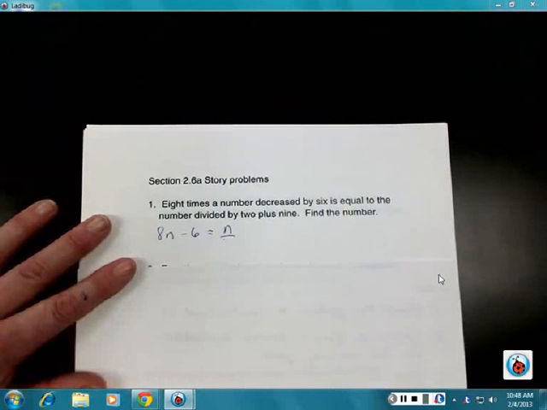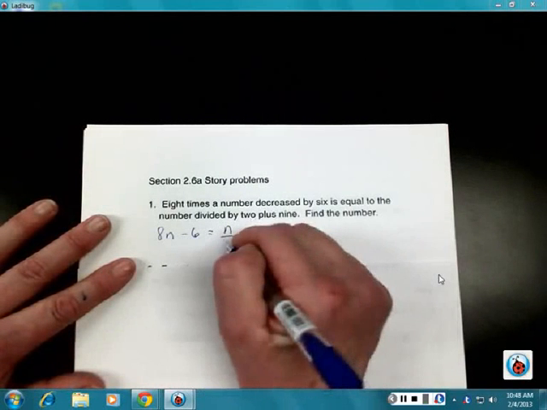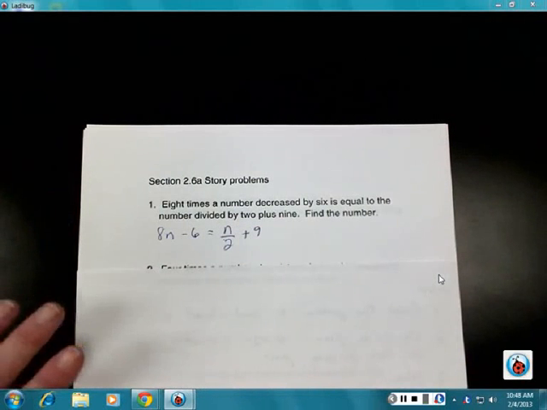Actually, I didn't do mine like that. I put mine over 2 plus 9. Is that going to give me a wrong answer? It will give you a wrong answer. Or this plus 9 has to be added in afterwards. Oh, okay, this is where I get mixed up.